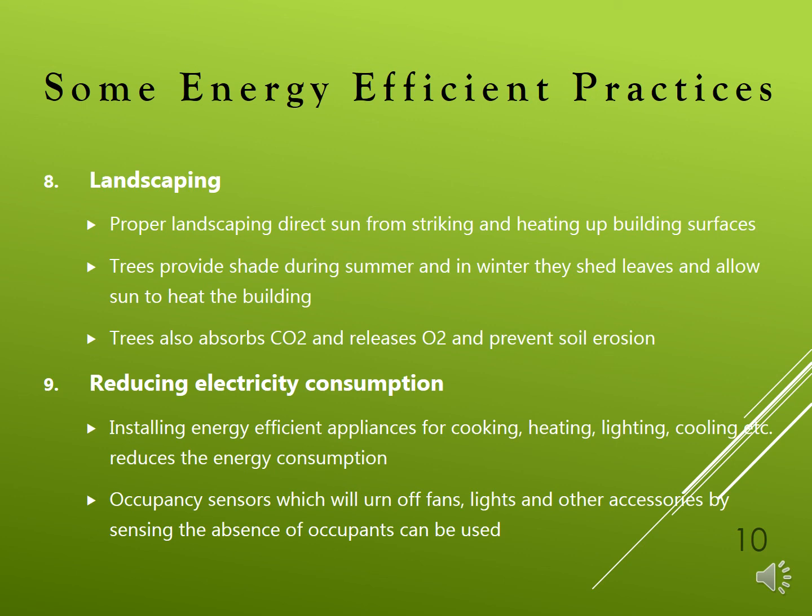Reducing electricity consumption: installing energy efficient appliances for cooking, heating, lighting or cooling reduces the energy consumption. Occupancy sensors can be used, which turn off the fans, lights and other accessories by sensing the absence of occupants.